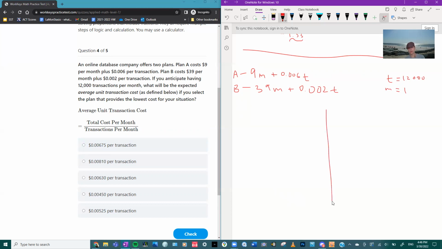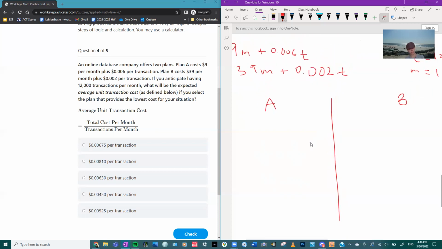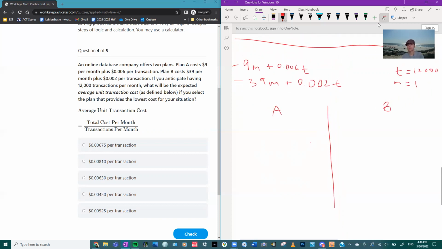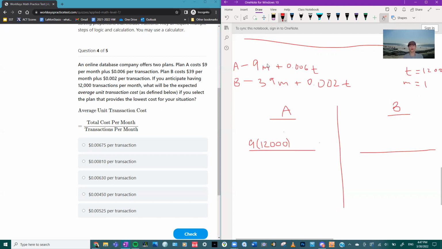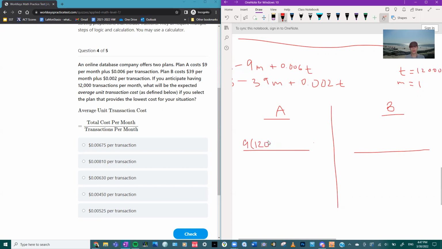So let's do two different equations. We'll do A and we'll do B. I really wish I could write this quicker. Here, I'll just pause it so I can write down what it is. Okay, so I just decided that it's better to show you. For plan A, it says total cost per month. So for the total cost, we use the equation we wrote out: 9M plus 0.006T.